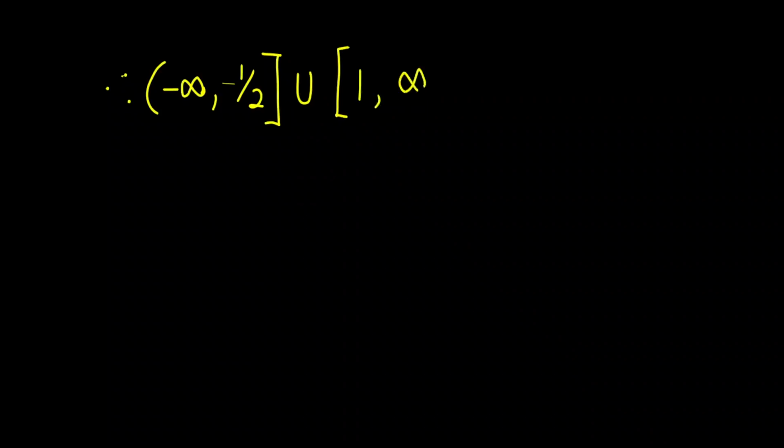So therefore, our answer, which is the domain of the function, is going to be: open bracket, negative infinity, minus 1 over 2, closed bracket, union, square bracket 1, comma infinity, open bracket, because that is an open interval.